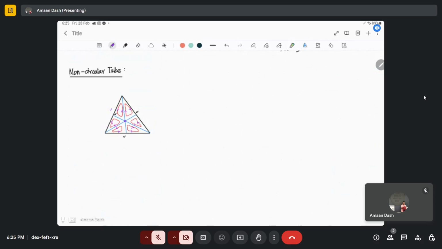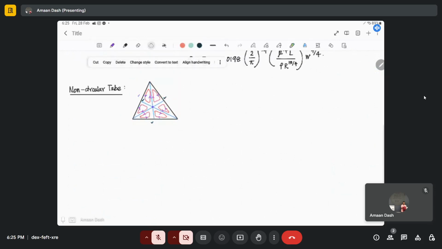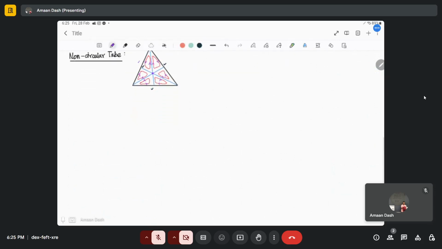Similarly, we have studied flat plates. If you remember, in the last class also we did a problem on a flat plate.